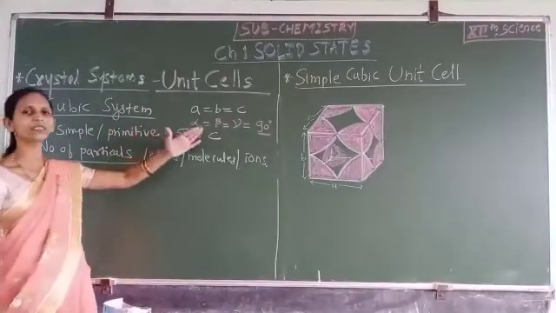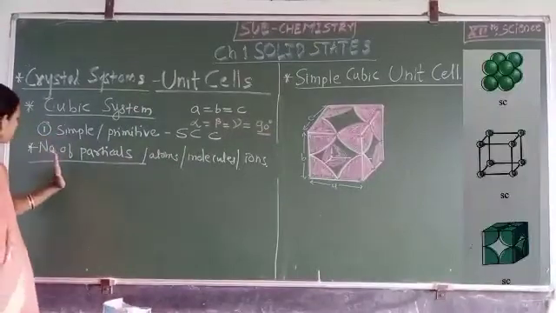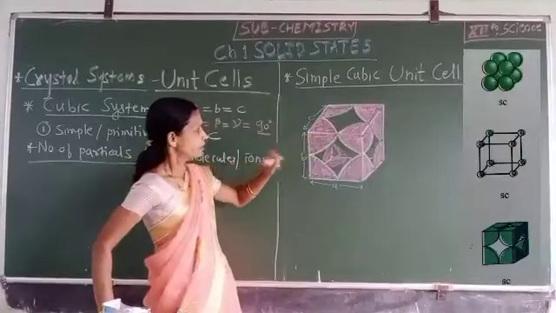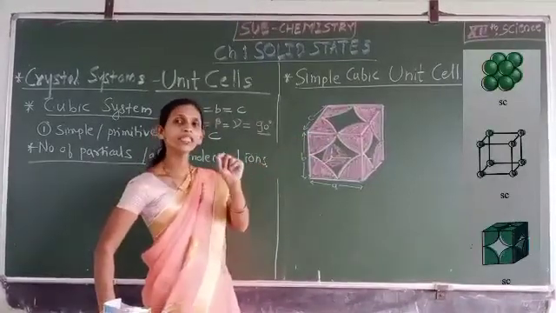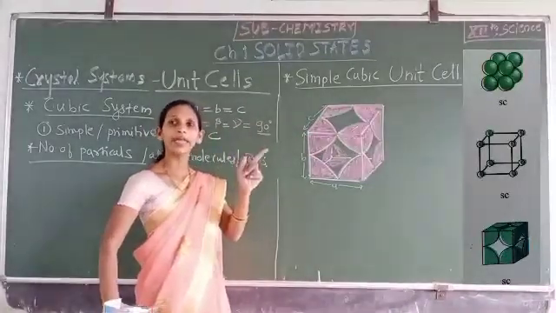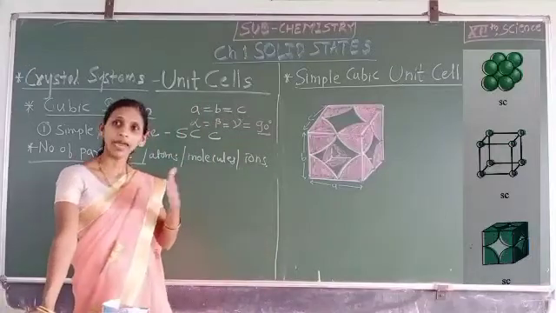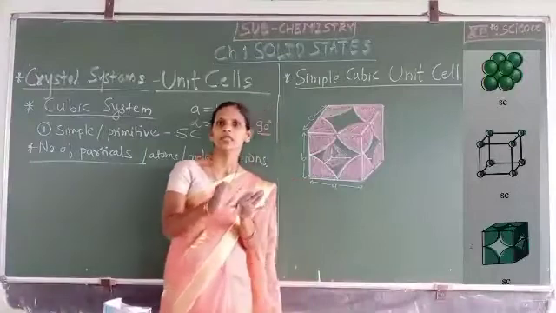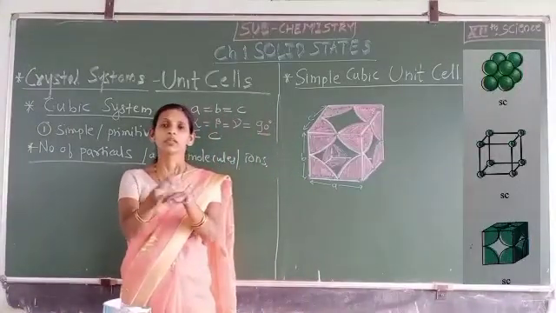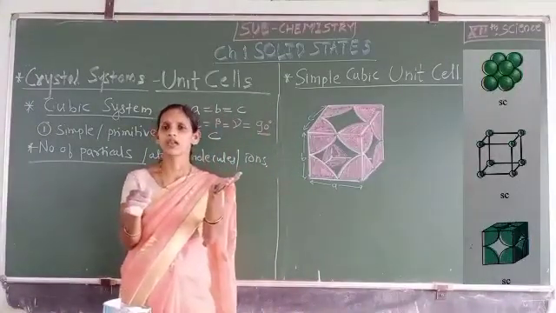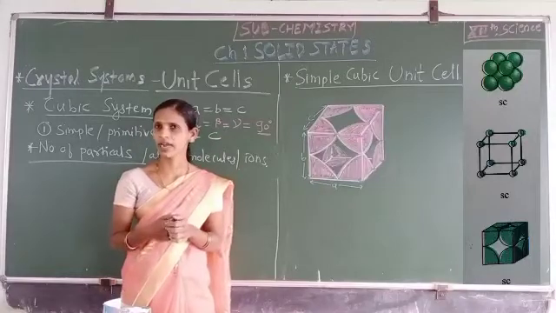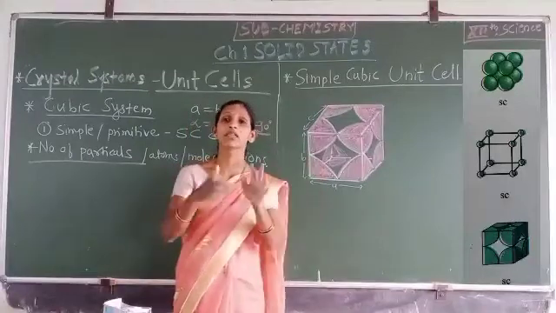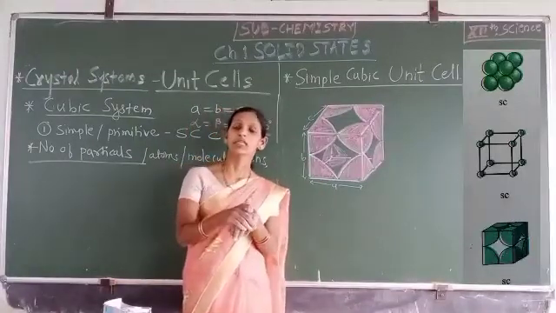cell, that is SCC. See here, in a simple cubic unit cell there are particles present at each of the 8 corners, and when these unit cells are stacked together during the formation of a crystal, many cubic unit cells are stacked on each other.